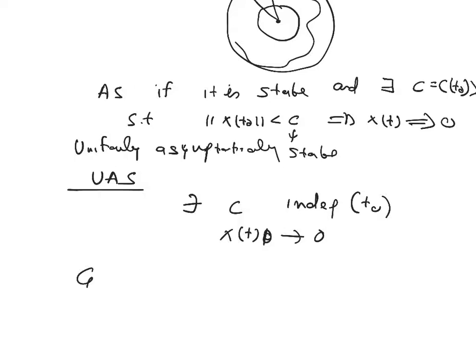And then globally uniformly asymptotically stable, GUAS, whatever.